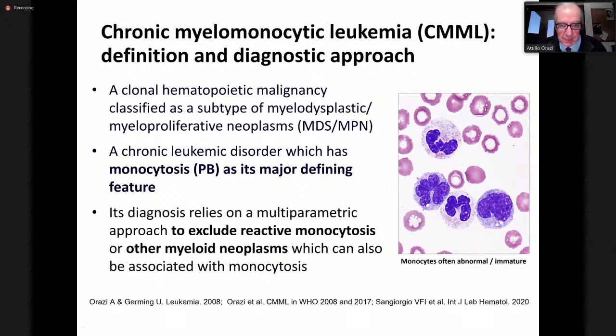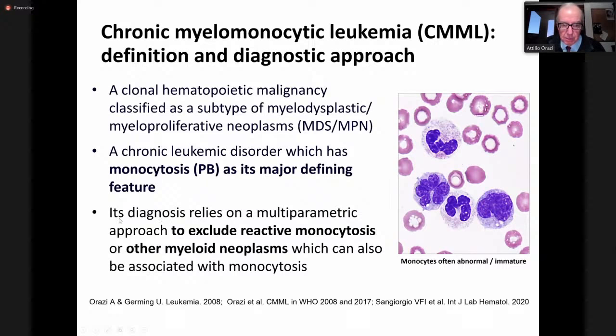It's classified as a subtype of MDS-MPN, the so-called overlap myeloid neoplasm group, but is also at the same time a chronic leukemic disorder and has monocytosis as its major defining feature. It's an exception among other disorders because the majority are defined on the bone marrow. But in reality, CMML, historically, at least, has been defined largely on peripheral blood findings.